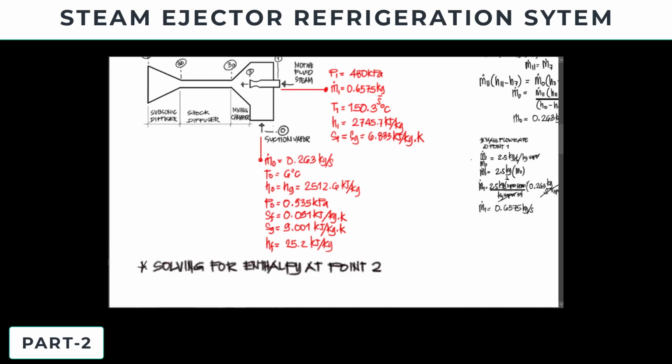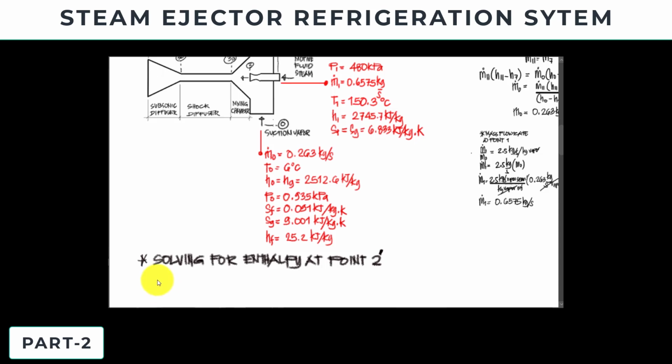Now, solving for the enthalpy at point 2, what is happening at point 1 and 2 is the isentropic expansion in your nozzle. So the entropy at point 1 and point 2 are equal. Since it is isentropic, I'm going to name this point 2 as my point 2 prime.